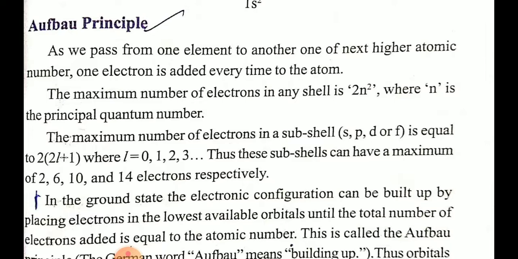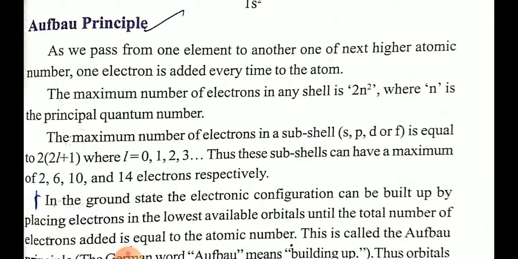and the second shell has 2 subshells and 4 orbitals, that is 2 square. So the number of orbitals in a shell is equal to n square.